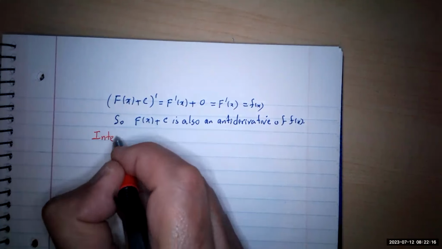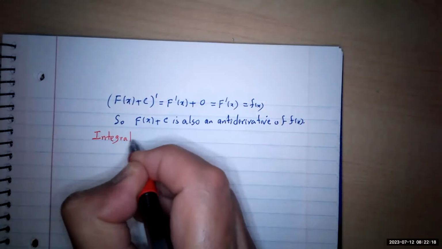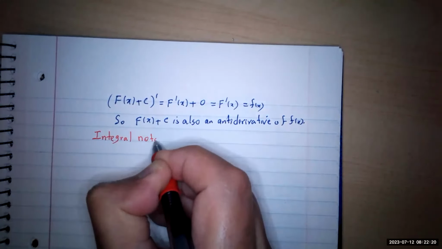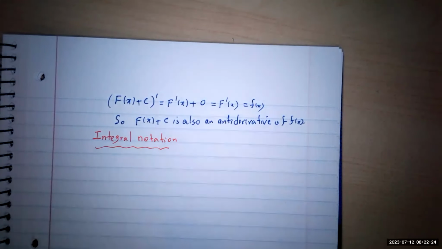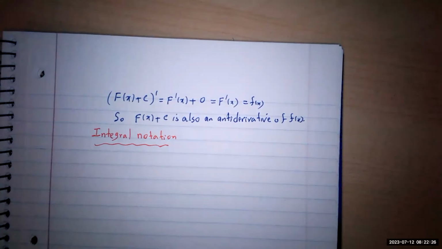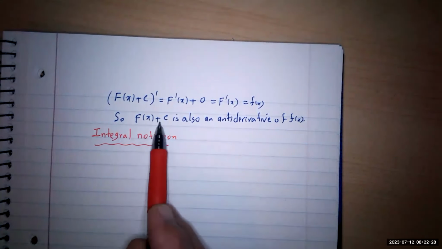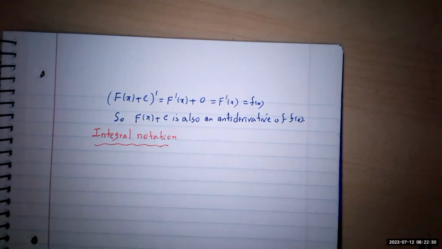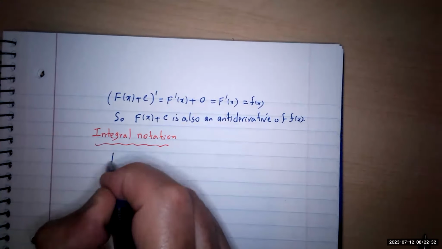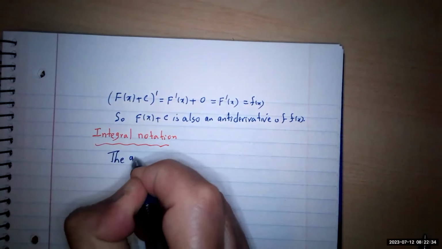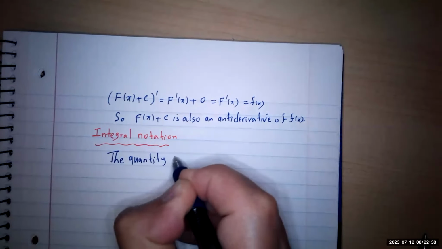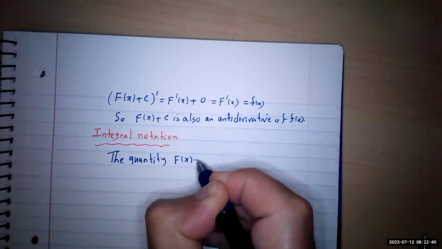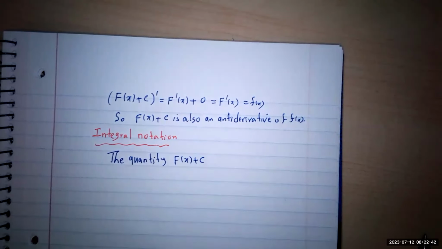So what is integral notation? Integral notation for this antiderivative. Now this quantity is the general solution. You see the quantity f of x plus c, that's the antiderivative that we find.